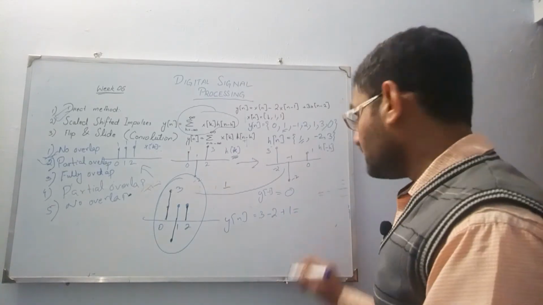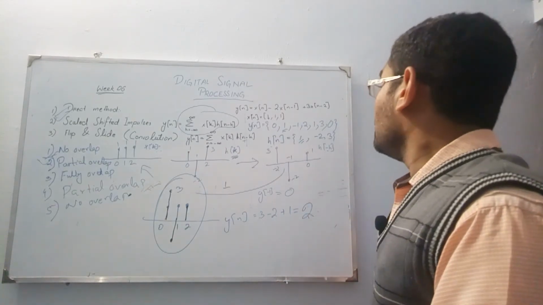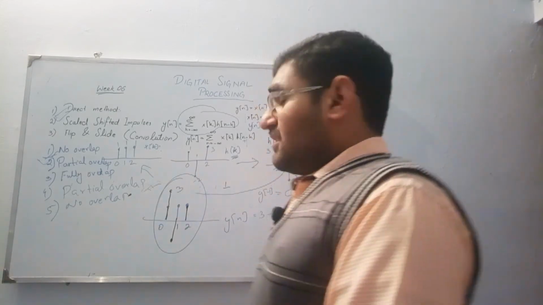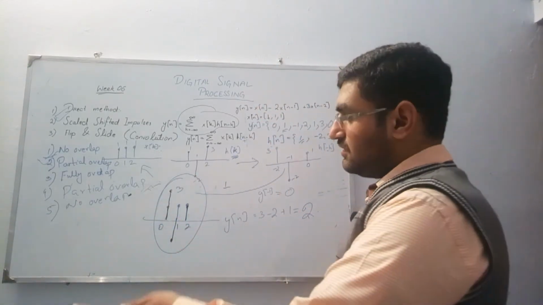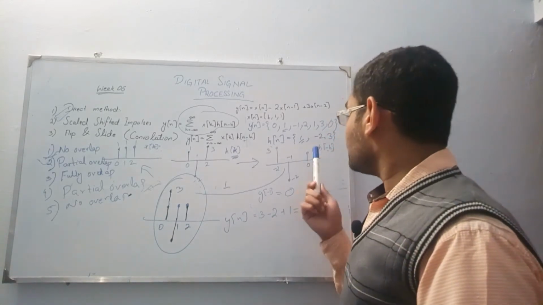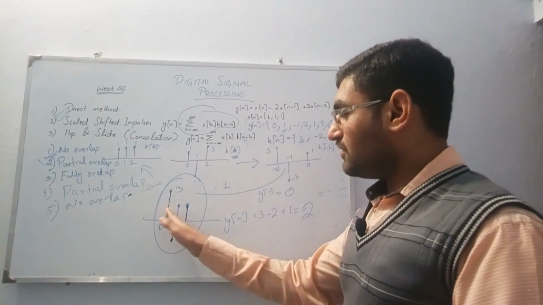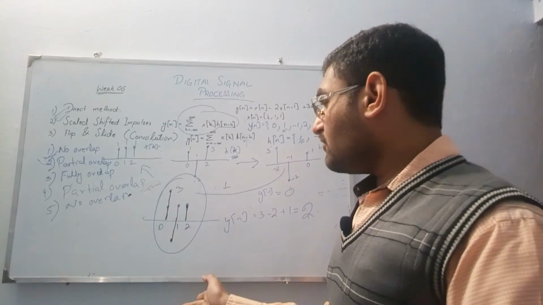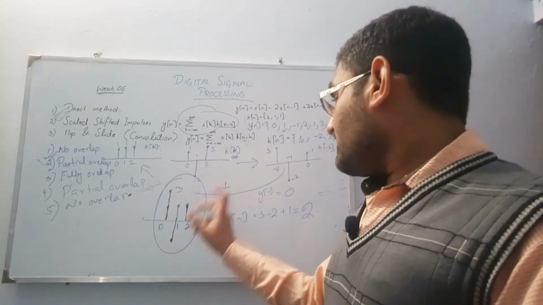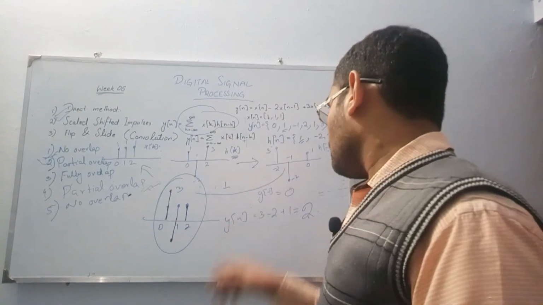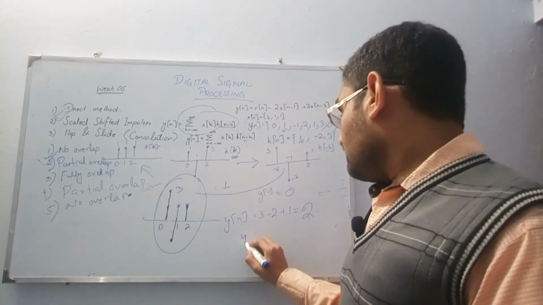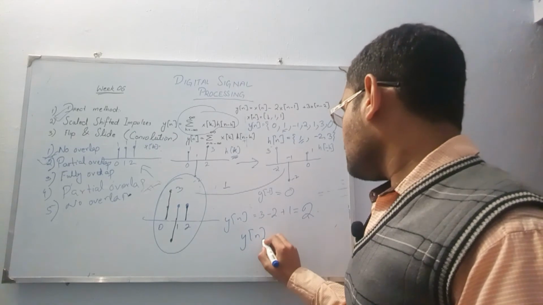So what comes out to be 2. In the next step, when we slide further towards the right side, H of minus k will again partially overlap and a stage will come, then there will be no overlap. So at that point Y will be 0.